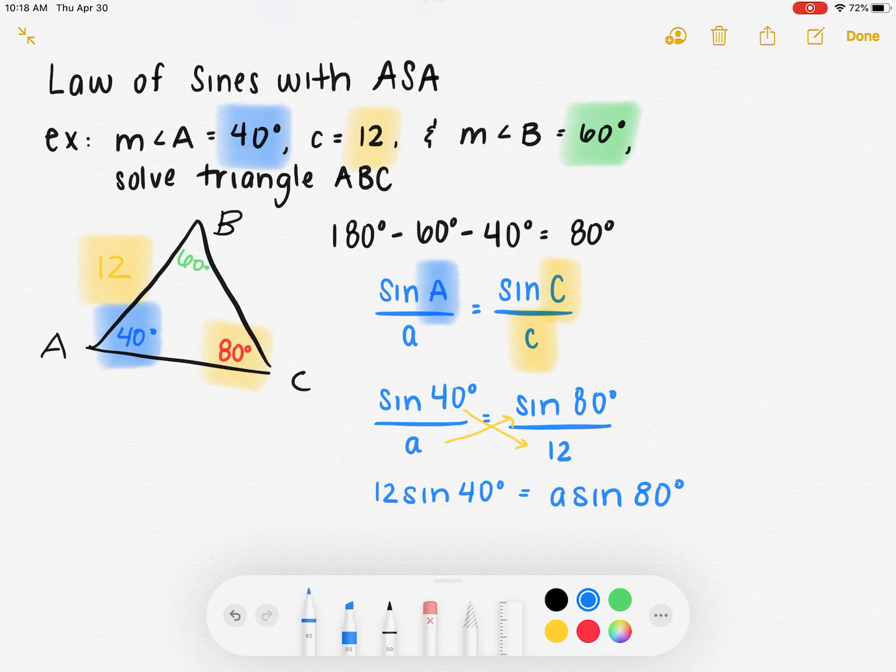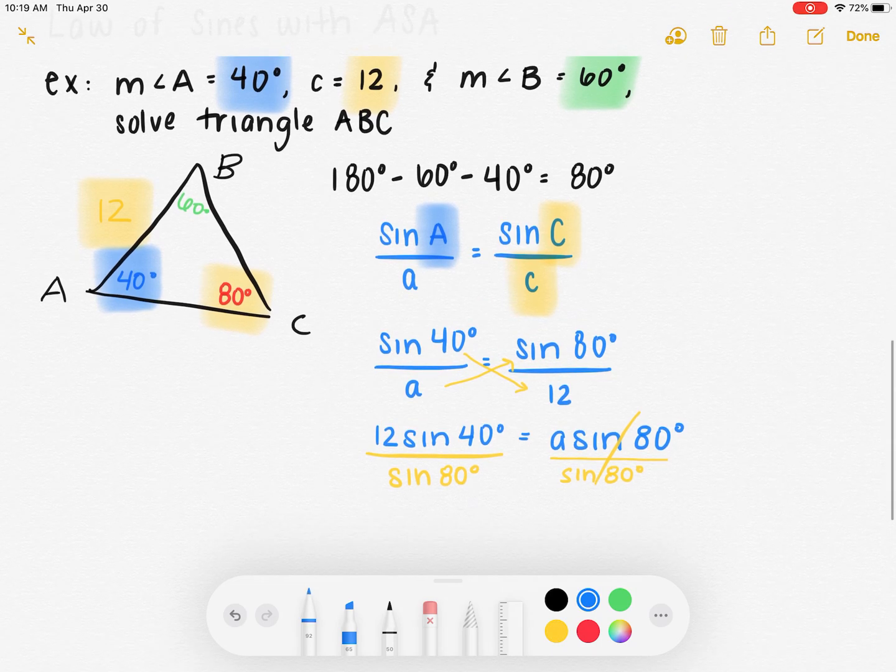And I want to get my A all by itself. So the next thing I have to do is divide by sine of 80 degrees on both sides, which will cancel this.